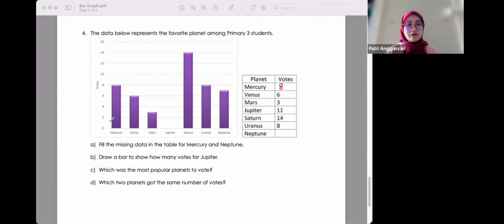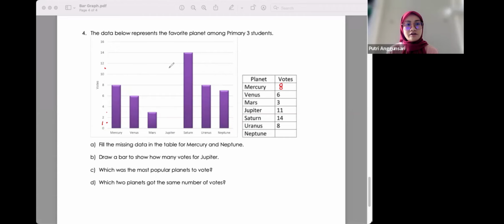So we can see from the gap between 0 and 2, in the middle of 0 and 2 is, of course, 1. It means that every number in the middle is always added by 1. So 11 should be in between 10 and 12.